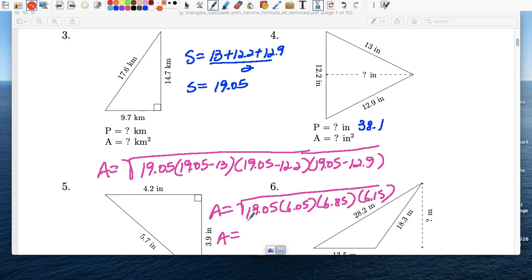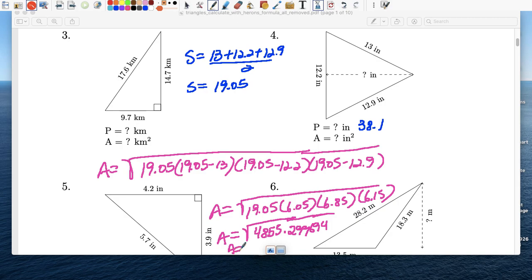Hang on a second. 19.05 times 6.05 times 6.85 times 6.15. Enter. 4,855 point, and I still haven't taken the square root. I'll leave this number in the calculator, so we're not going to round yet. Don't round. All right, so that's what you should have in your calculator. Now take the square root of that. Enter.